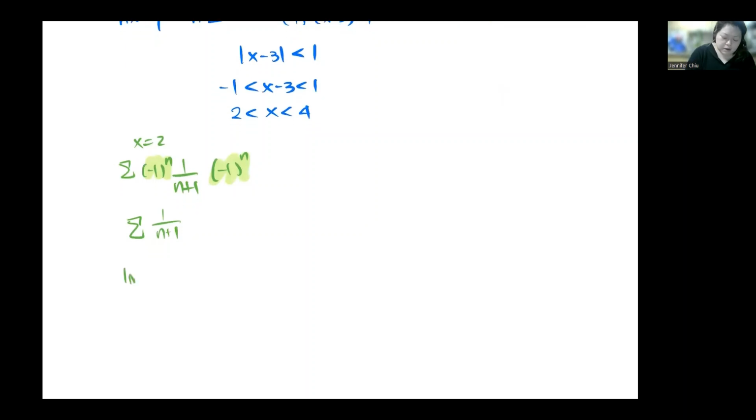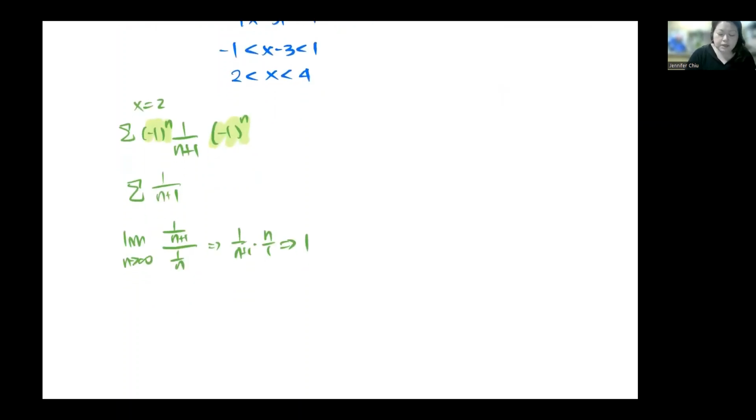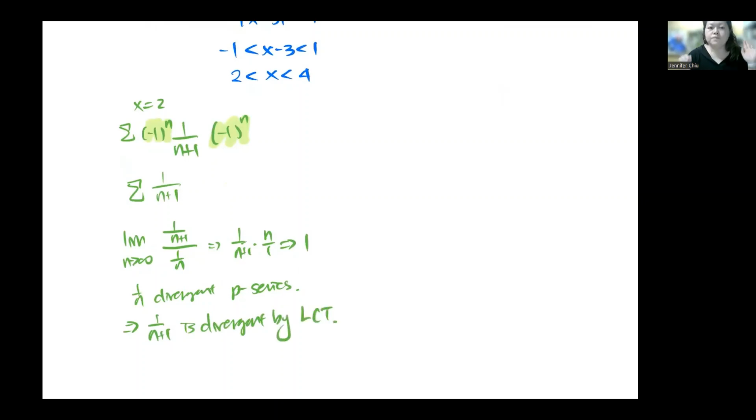So I'm going to compare: limit as n approaches infinity, 1 over n plus 1 over 1 over n. That makes it 1 over n plus 1 times n over 1, which is just 1, right? So now, because they're the same, I can say that 1 over n is a divergent p series. So therefore, 1 over n plus 1 is divergent by limit comparison test. Okay, so that is true. All right, so that's divergent. Then I don't need to worry about that endpoint.